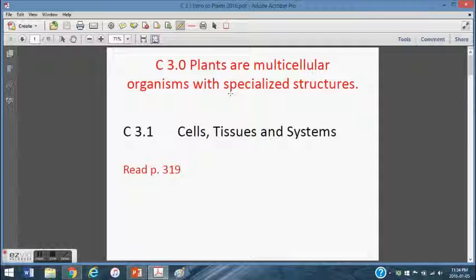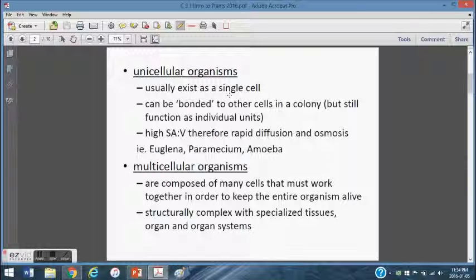And so let's get to this next thing and we'll just look here. So we can talk about the difference between unicellular and multicellular organisms. Unicellular usually exists as a single cell. Now that said, they could be bonded to other cells in a colony, but they each still function as individual units.